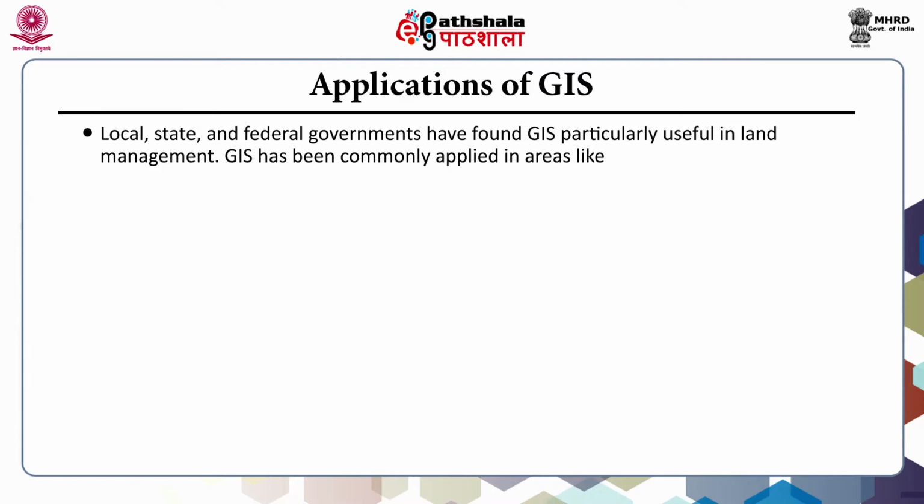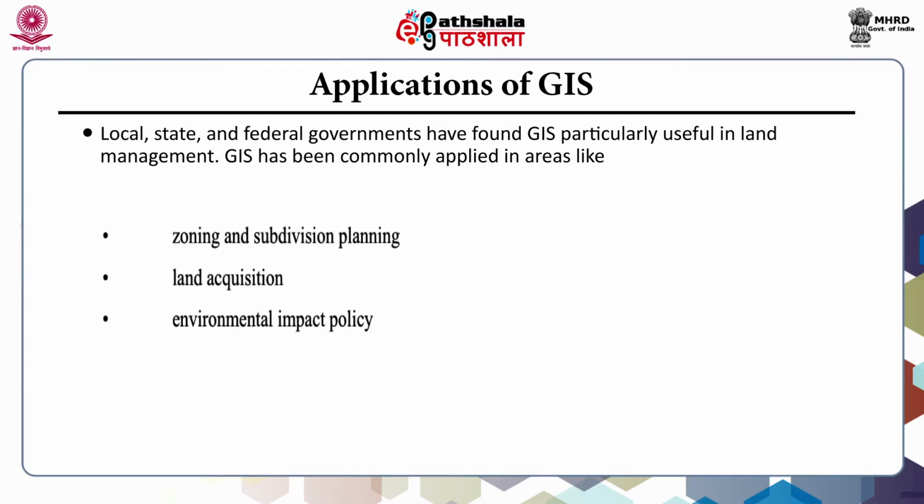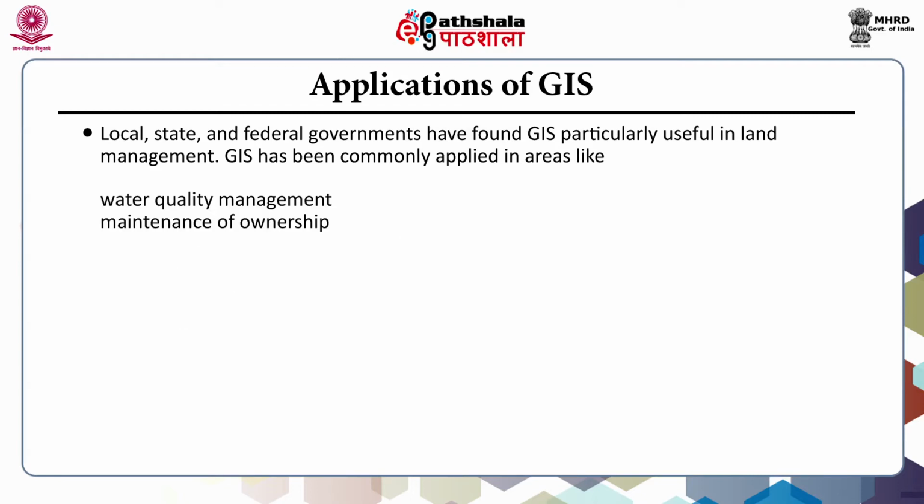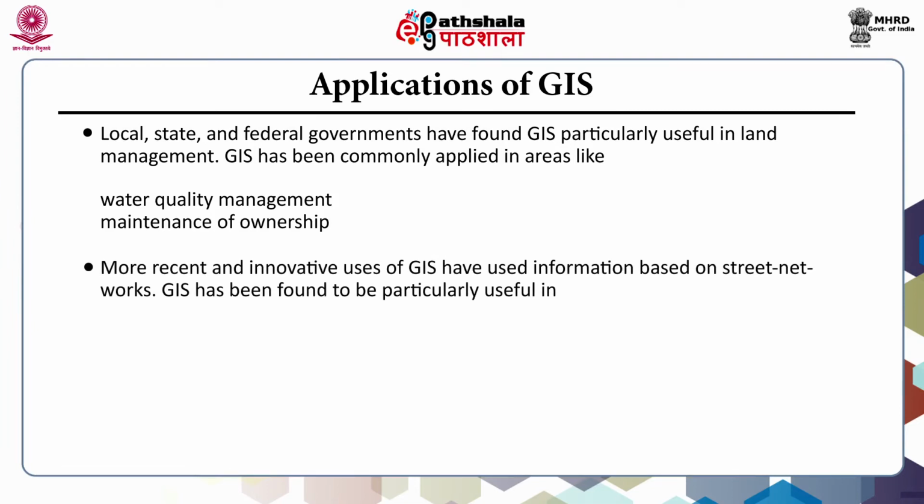Local, state, and federal governments have found GIS particularly useful in land management. GIS has been commonly applied in areas like zoning and subdivision planning, land acquisition, environmental impact policy, water quality management, maintenance of ownership.